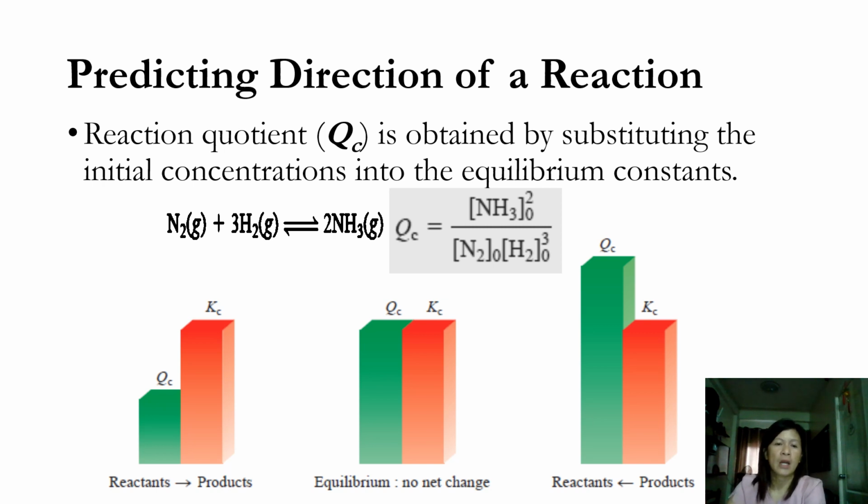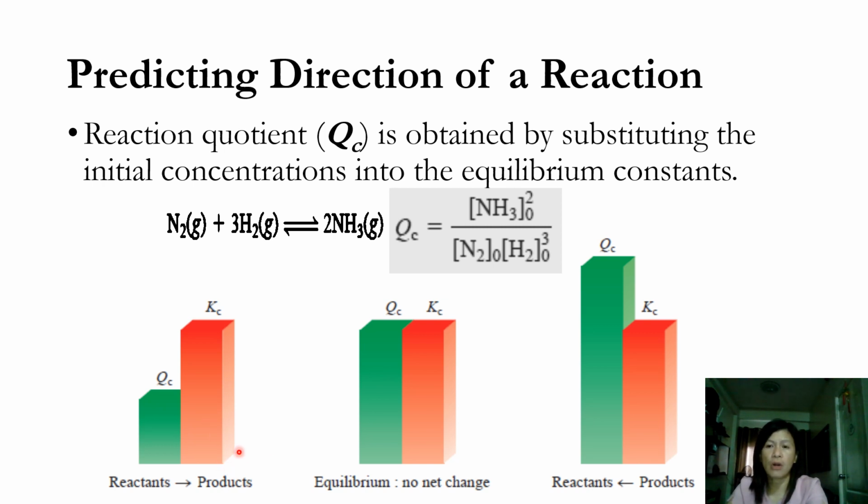For example, if the reaction quotient Q sub C is less than the value of the equilibrium constant, then the reaction will favor the formation of the product.